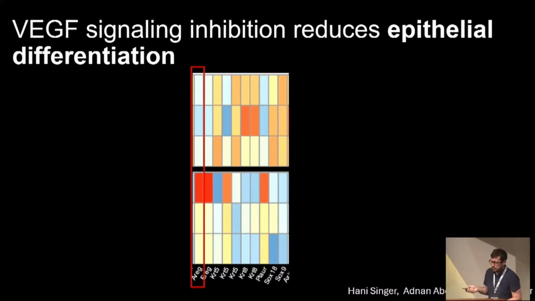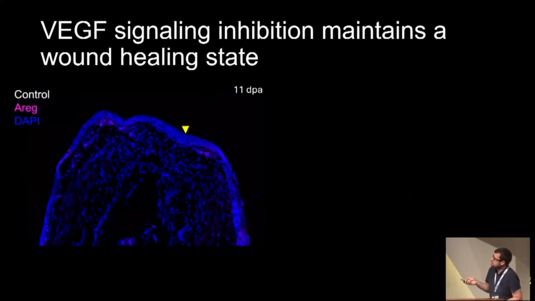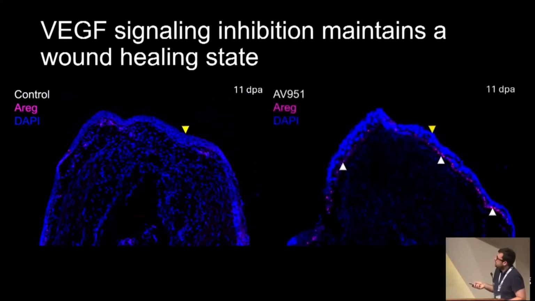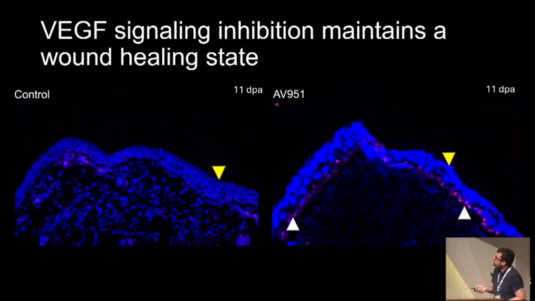So I went to validate this by HCR, and we see that in the control, we don't really see much AREG expression at 11 days post-amputation, whereas in the AV951 treated, we see this expression of AREG, which is not normally there. I'll just zoom in here so you can see this a bit more. So this suggests that perhaps the wound healing response is still active, and that without VEGF signaling or angiogenesis, perhaps it can't be resolved to allow the blastema to progress.